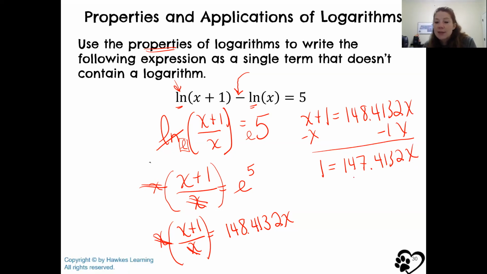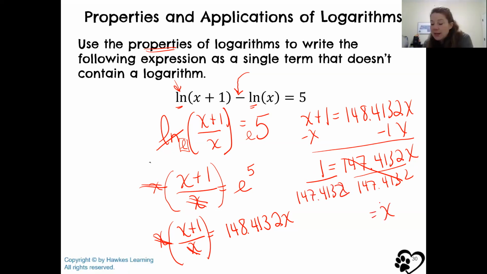And then my last step is to get rid of x times this big number. I'm actually going to divide both sides of the equal sign. This goes away. I need 1 divided by 147.4132. I'm going to throw that in my calculator. I'm going to say 1 divided by, and I'm going to recall that number I just typed in.